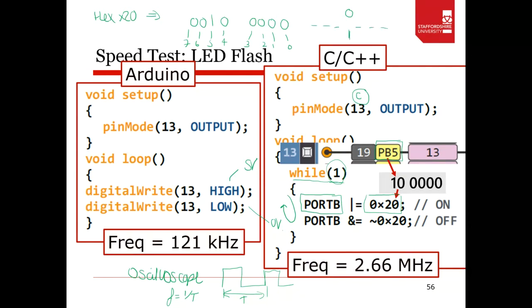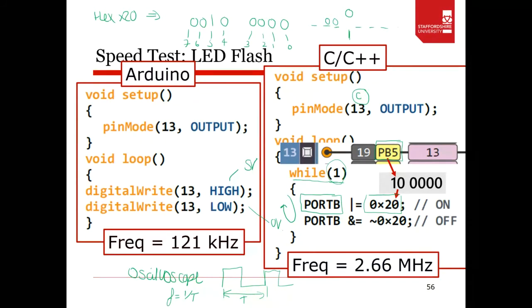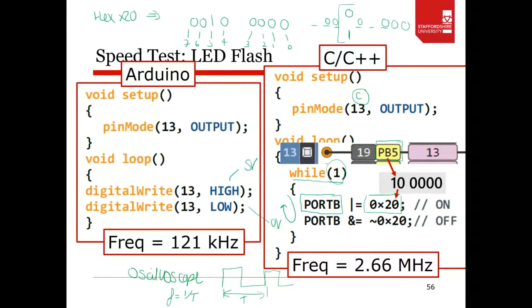But because we're ORing it, and all the others are 0, because this is the bit of interest, all the others are going to remain as they were. If they were 1s before, they will stay as 1s. If they were 0s before, they will stay as 0s. Does that make sense?